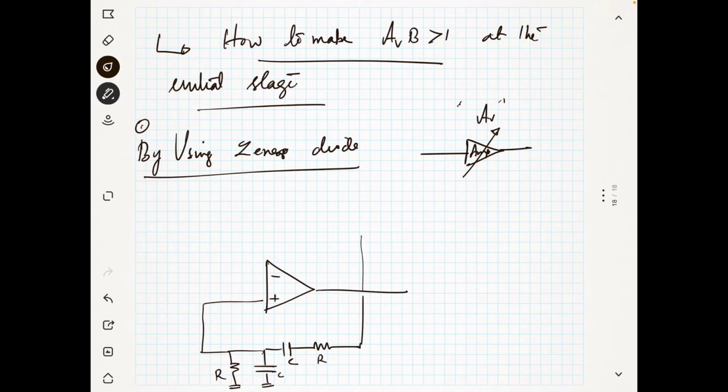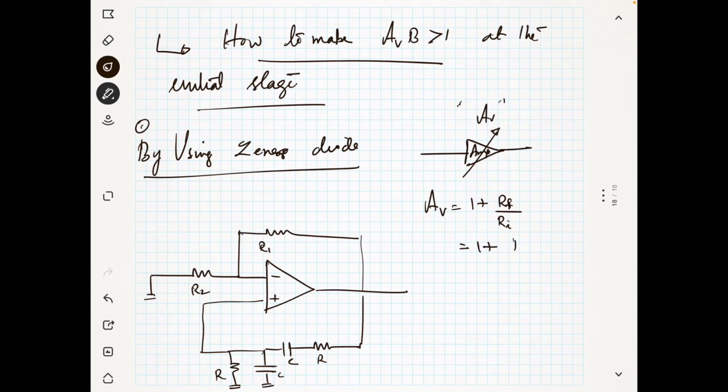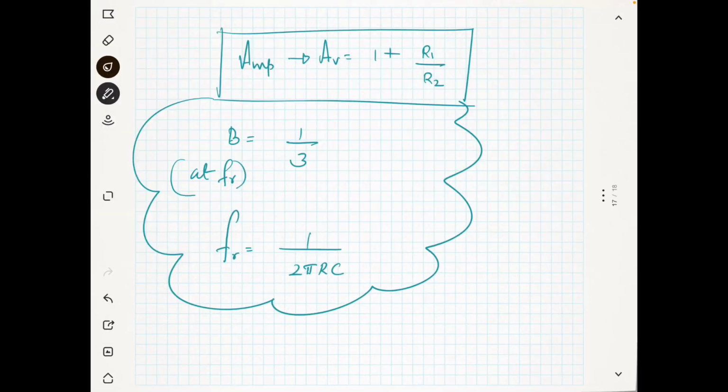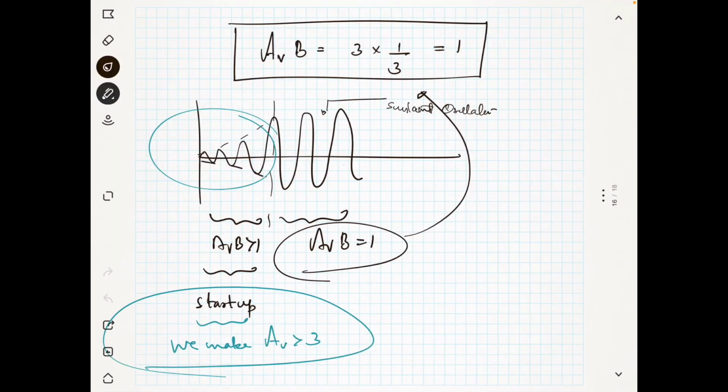Now for the amplifier we need a negative feedback also, and this is your network, connected here. This is your R1 and this is your R2, and the voltage gain is 1 plus RF by RI, which is equal to 1 plus R1 by R2. This is our circuit that we have seen.